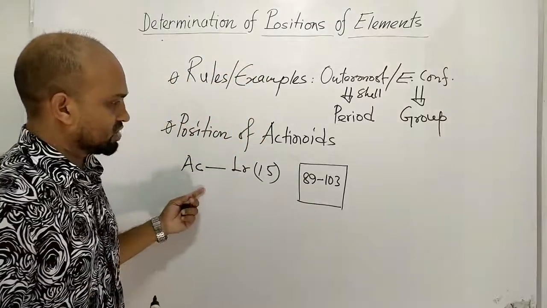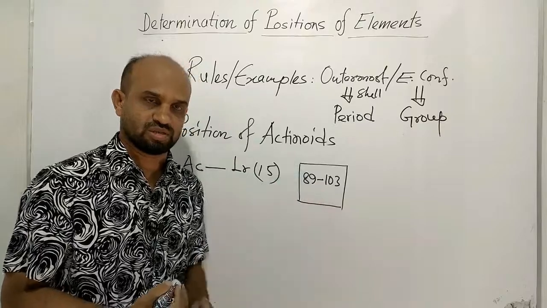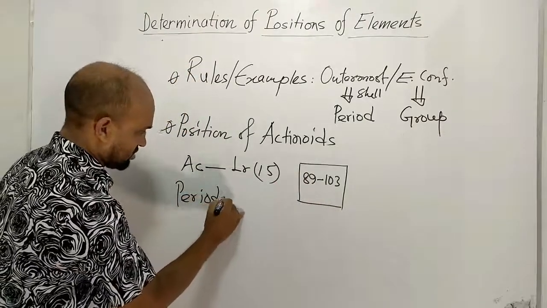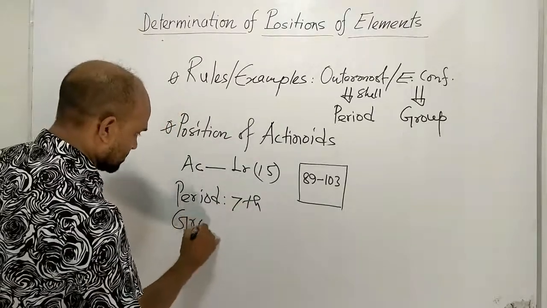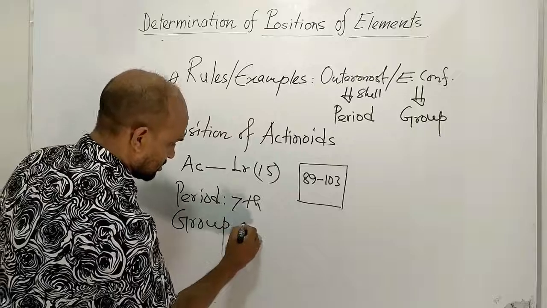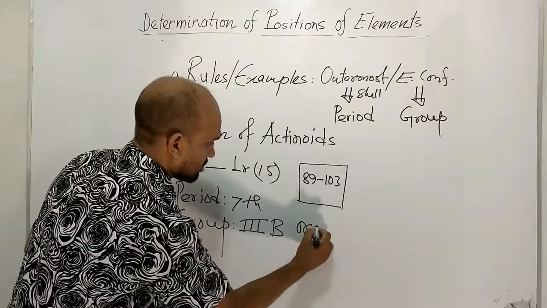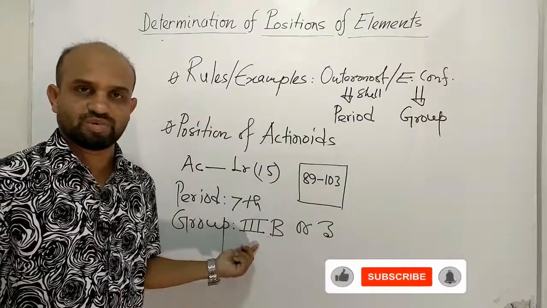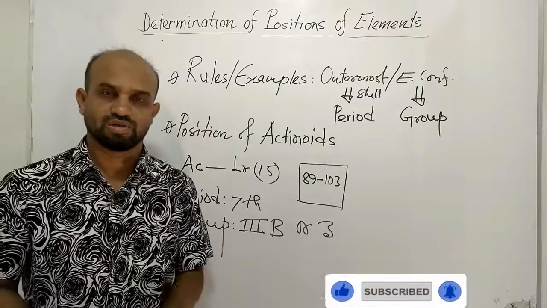All the 15 elements belong to just one place, and it is in the 7th period, and group is 3B or 3. 3B in the modern periodic table and 3 in the most modern periodic table.